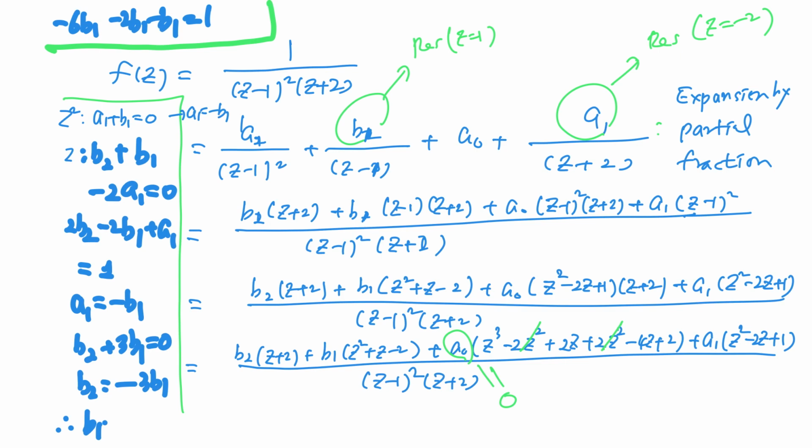Thus, B1 is minus 1 over 9, B2 is 1 over 9. Right? So actually, we have the same answer using more elementary but still working partial fraction expansion.